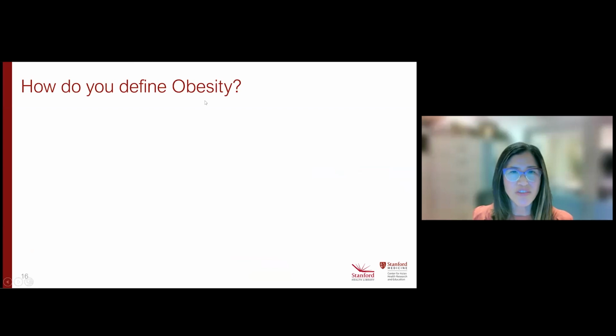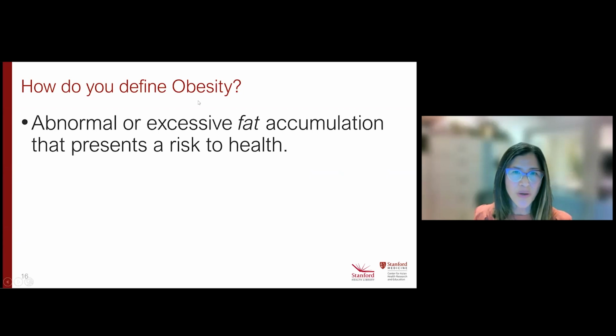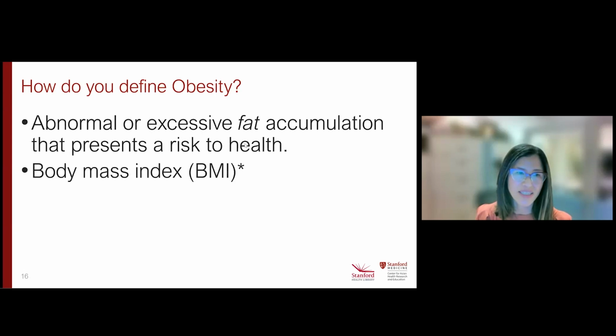I alluded to the fact that obesity is the number one modifiable risk factor for diabetes. So I think it's important to spend some time on what we mean by obesity. When I refer to obesity, what I'm thinking about is abnormal or excess fat accumulation that has an impact on someone's health. A screening tool for obesity, it's not perfect, is body mass index.